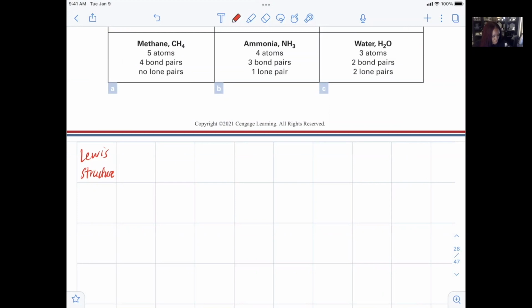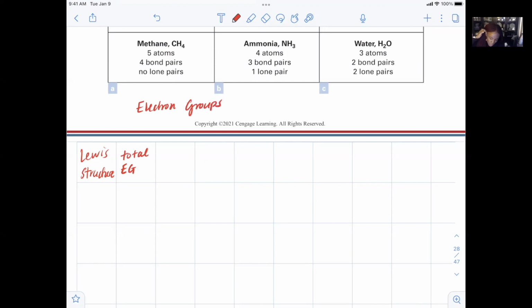So your Lewis structure here. And then let's see. After my Lewis structure, I want to have my total. I'll write EG to stand for electron groups because I don't have a lot of space.